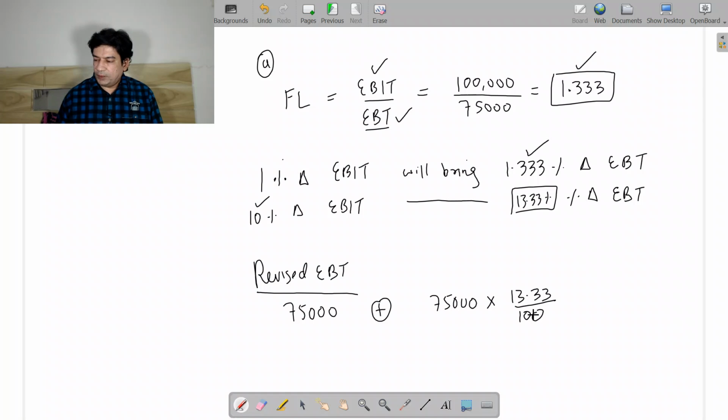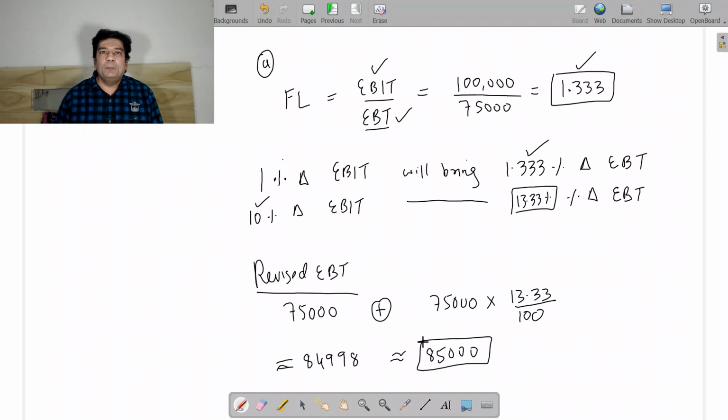So 75,000 plus 13.33%, directly if you do on your calculator, I'm getting an answer of 84,998, which I can approximate to 85,000. So my revised EBT is going to be 85,000.